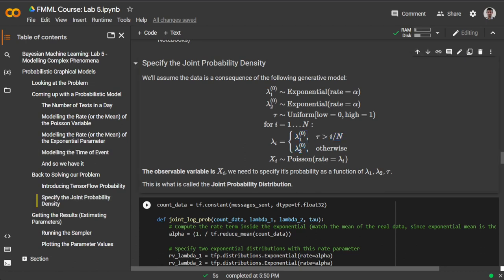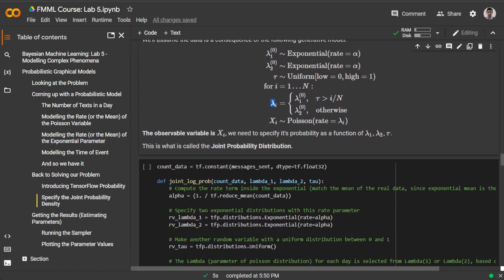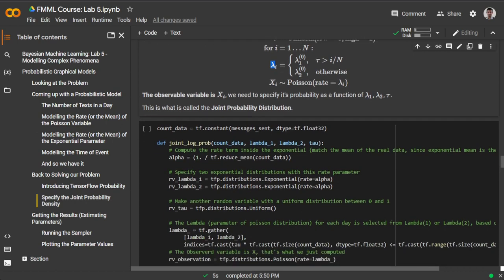So we have lambda 1 and lambda 2 as initial guesses, and we switch them for every single value i based on tau. The first few elements would have lambda 1 as the parameter, and the last few elements would have lambda 2 as the parameter. And finally, xi would be the number of text messages that get sent, which we know as a supervision signal, and we sample that as a Poisson distribution over this generated lambda.